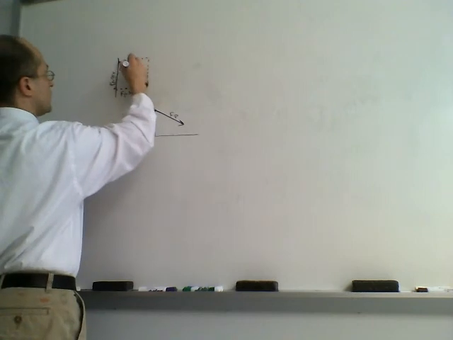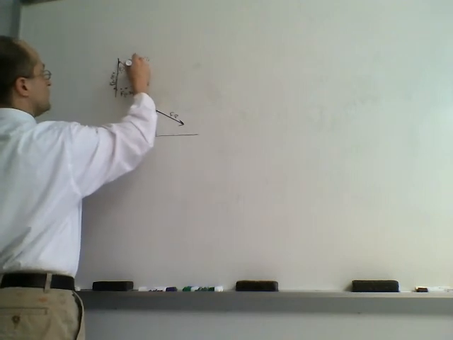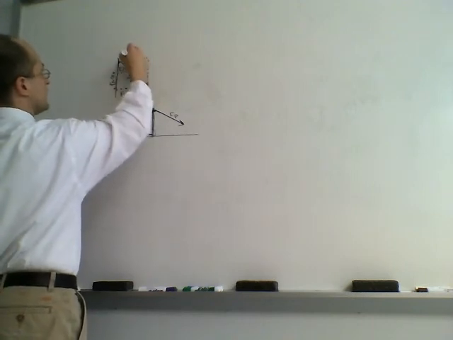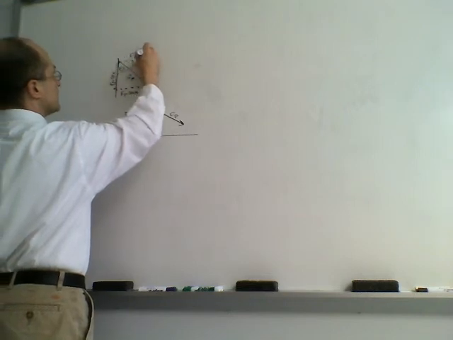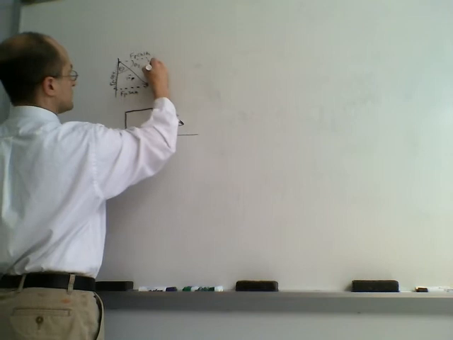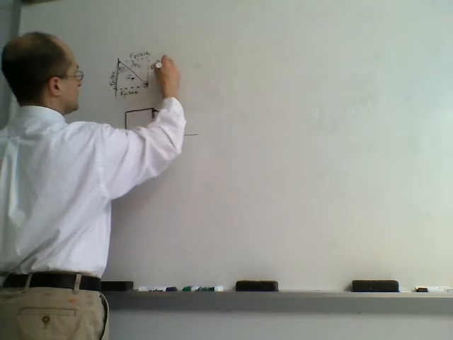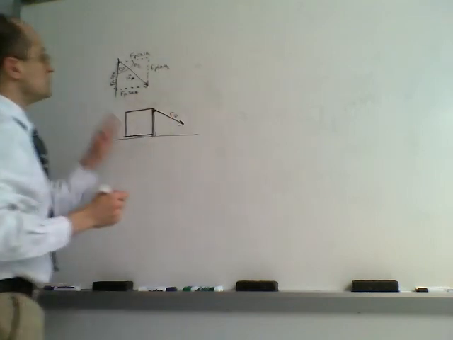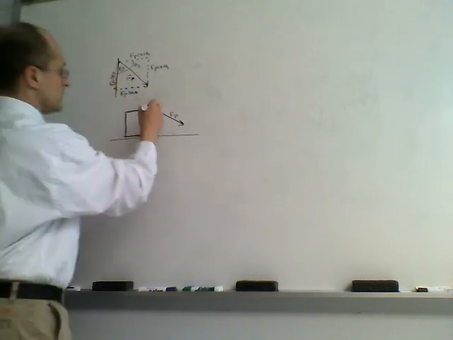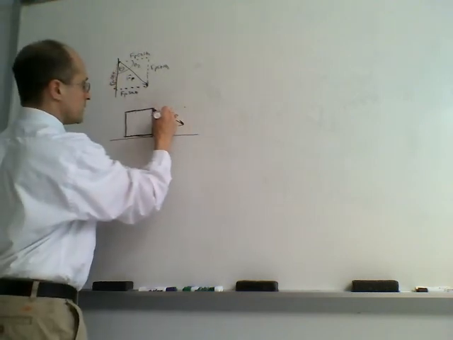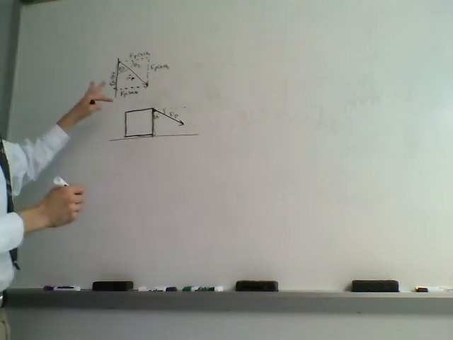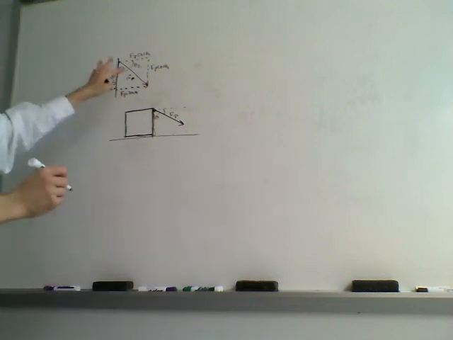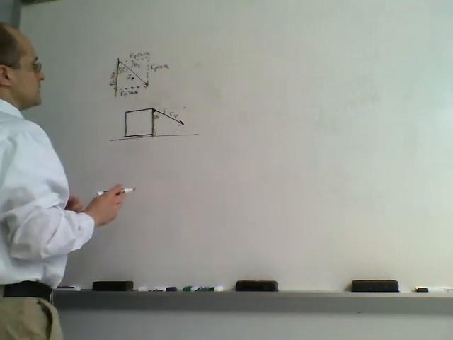Now, if you choose what's called this angle over here, theta 2, then you have F_P cosine of theta 2 in x and F_P sine of theta 2 in y. So you can use either angle, it doesn't matter which way you measure it from.